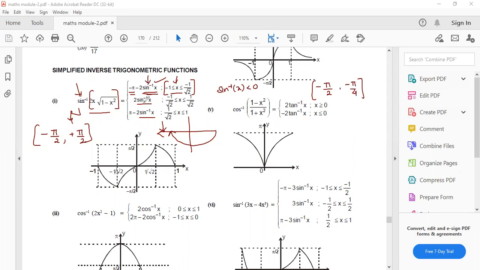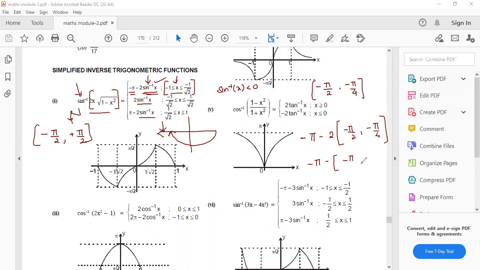Looking at sine inverse x, just focus on sine inverse x. So the total answer would be minus pi minus 2 into values ranging from minus pi by 2 to minus pi by 4. So if you multiply 2 to this, what you're going to get, if you just look at this, it will be minus pi minus 2.